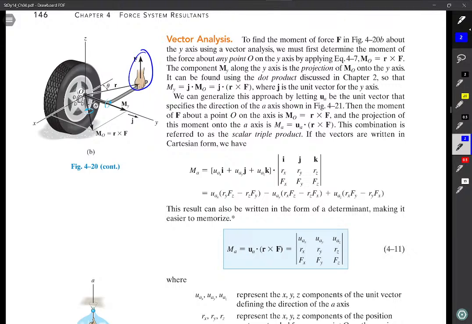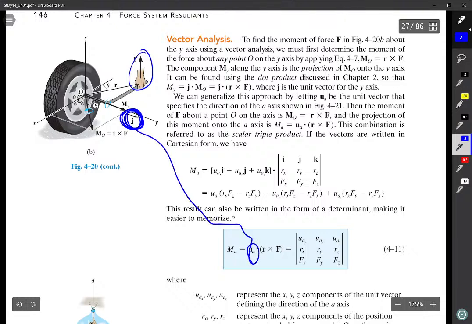But if you draw a base vector, unit vector out here, you'll find out only the y component of that moment that's produced from this F and this R is actually useful in loosening that bolt.